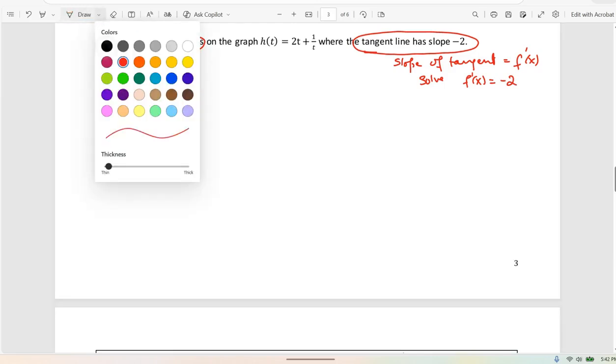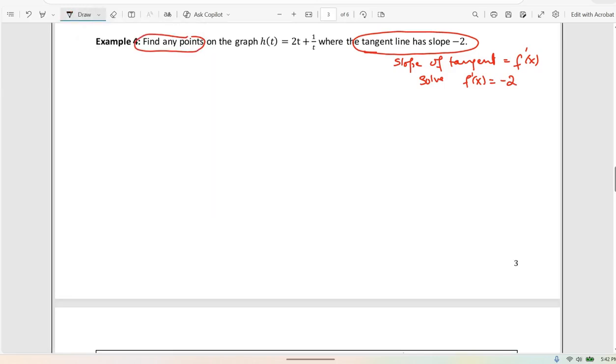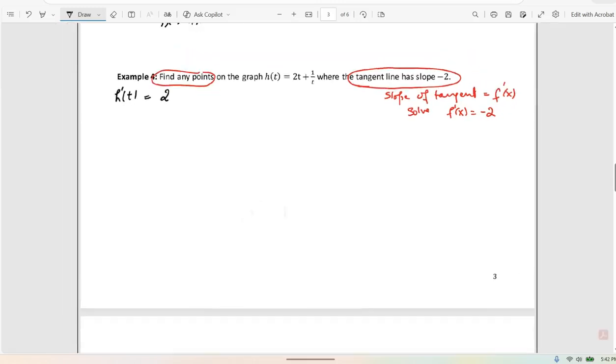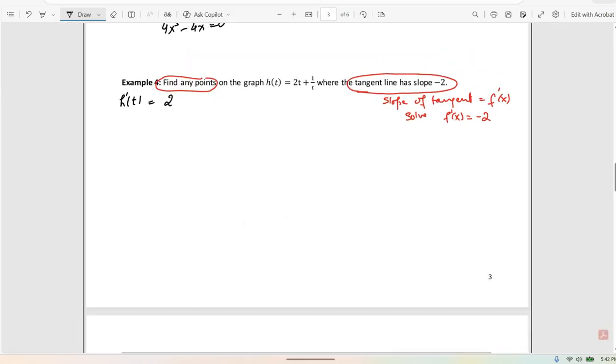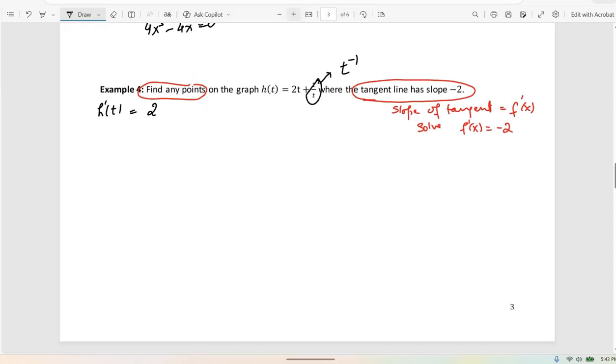So before we do that, we need to first find f prime x. In this question, the function is h, so we need to find h prime t. Derivative of 2t will be just 2, right? And you see this 1 by t can be written as t to the power -1. So when you find the derivative of that using power rule, power comes in front, power 1 less.